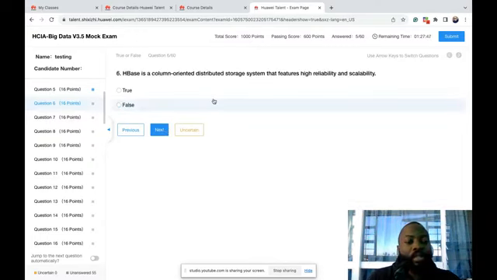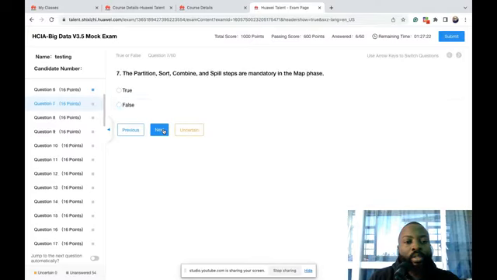Next. HBase is a column-oriented distributed storage system. HBase, yeah, that features high reliability and scalability. Next, the partition, sort, combine, and spill steps are mandatory in the map phase.